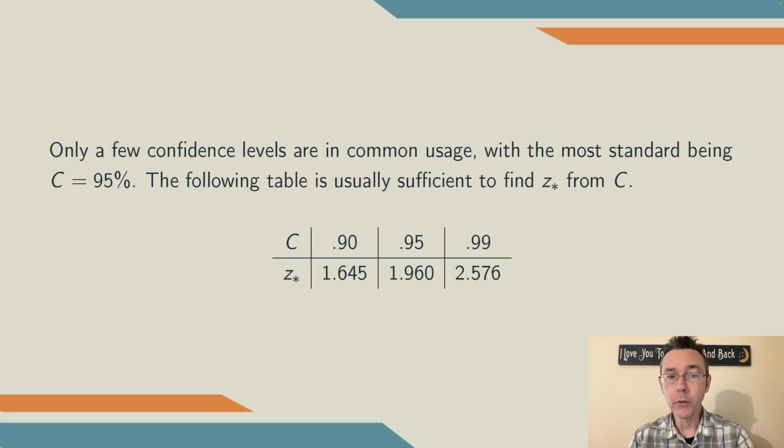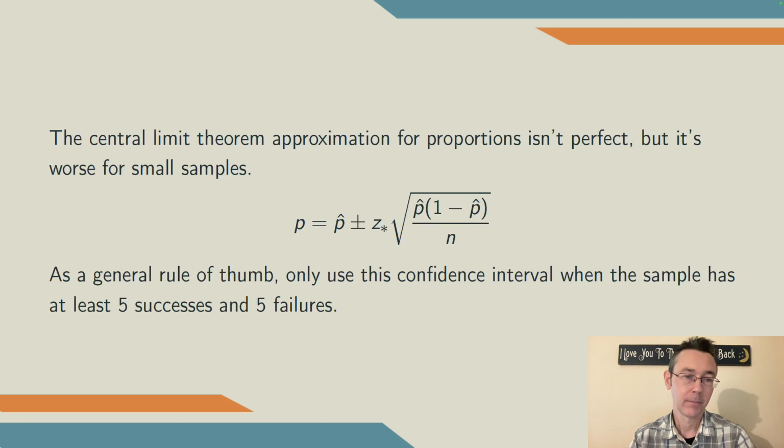However, there's only a few values for c that are in common usage, with by far the most common being c equals 95%. And so really you can just look up your z star once you know your c value. For instance, when c is 95%, the corresponding z star is 1.960. The next most common values for c are 90% and 99%, with z star values of 1.645 and 2.576, respectively.